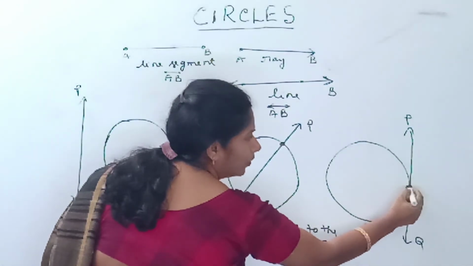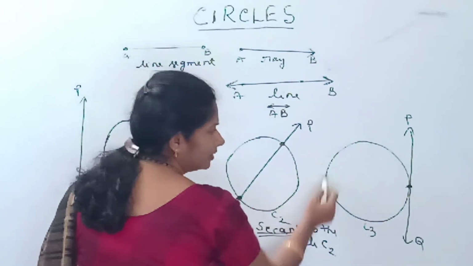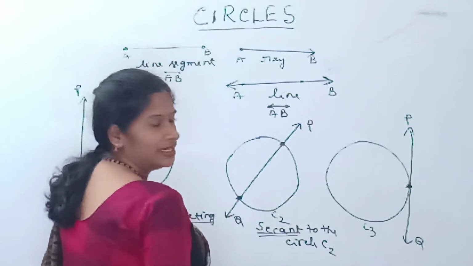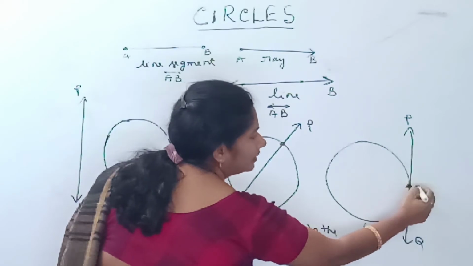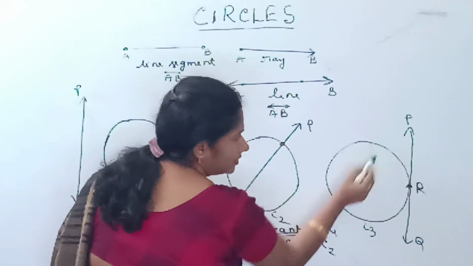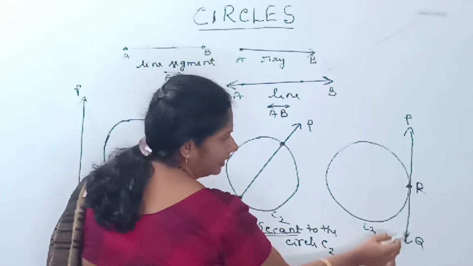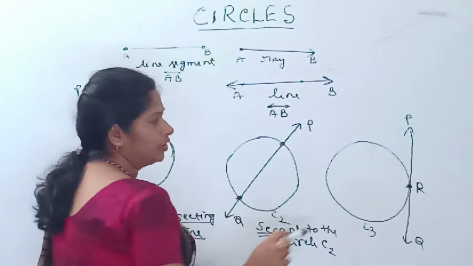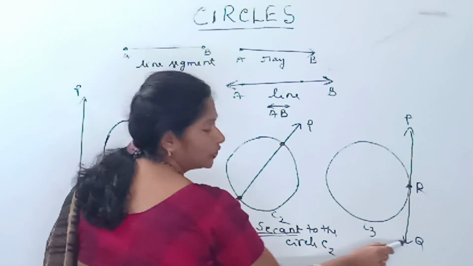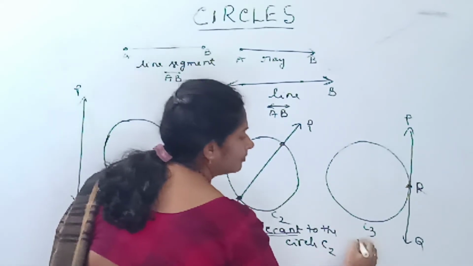The common point between this circle and the line is 1, isn't it? Let me call that point R. So the circle and line have one common point, R, and we call this PQ line a tangent to a circle.